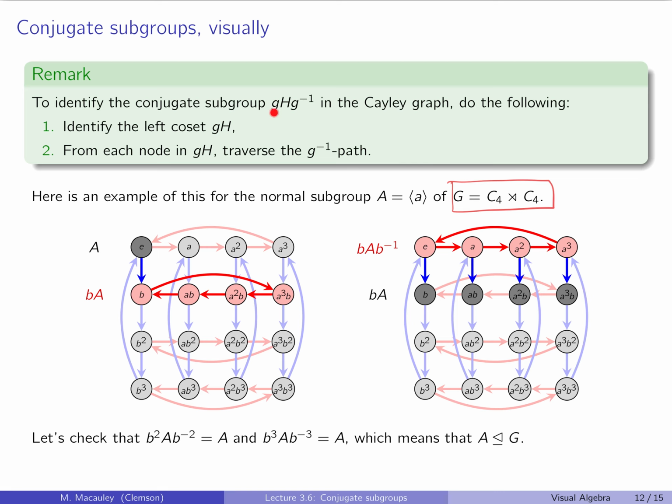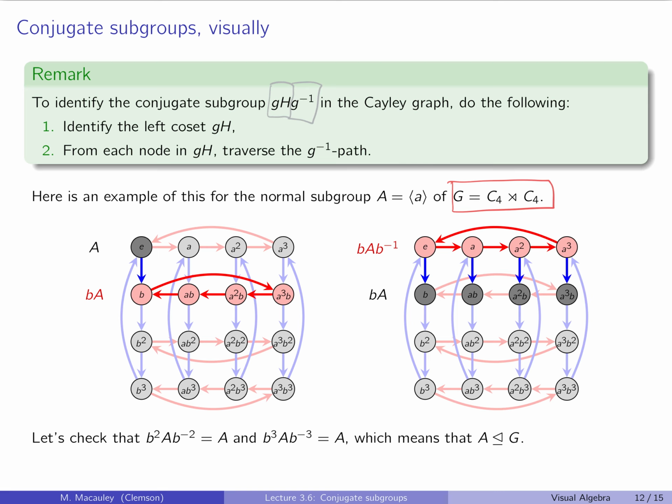As before, we're going to read from left to right. I'm going to break this up by, first of all, identifying the left coset GH, and then, from each node in GH, following the G inverse path.